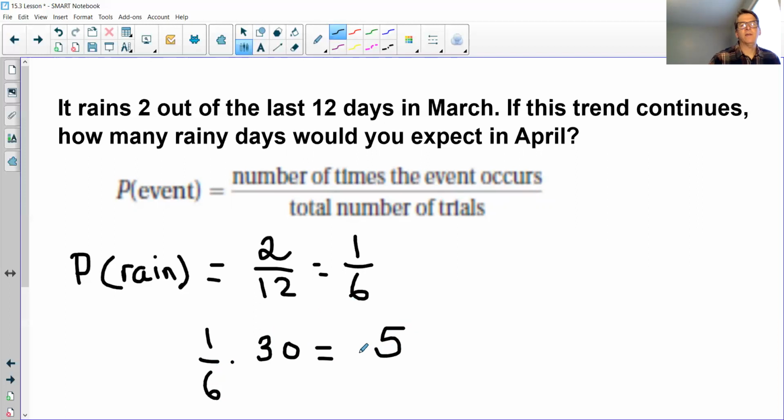So based upon March's experimental data of 2/12, which is 1/6, and knowing there are 30 days in April, we predict there will be 5 rainy days in April.